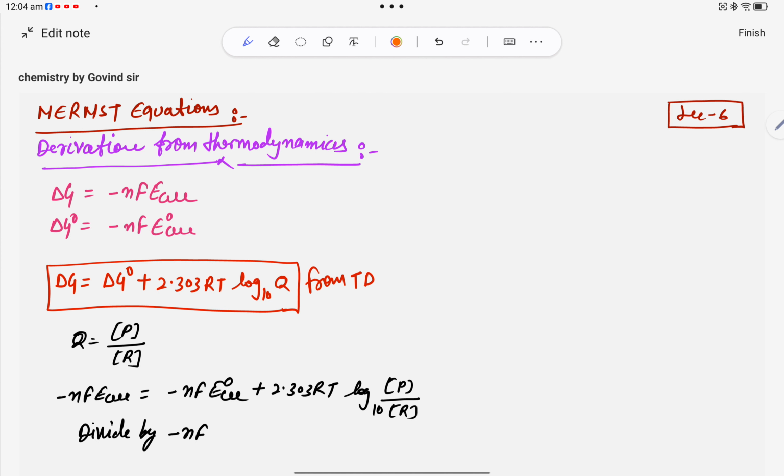E cell is equal to E naught of cell minus 2.303 RT upon NF log product upon reactant. That is the next equation. Yes or no? Yes.